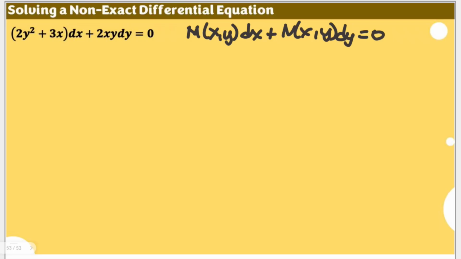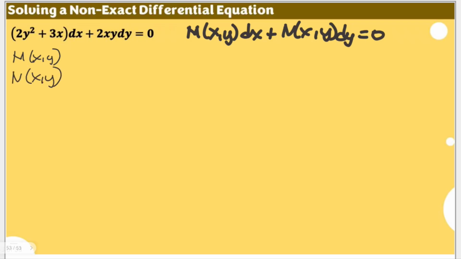By the way, please bear with me if this takes a longer period of time, because we will use more than 2 to 3 steps, probably 4 to 5 steps. Also, let me use a smaller width of my pen so that I can save some space. So let's start with the identification of the two functions M and N.